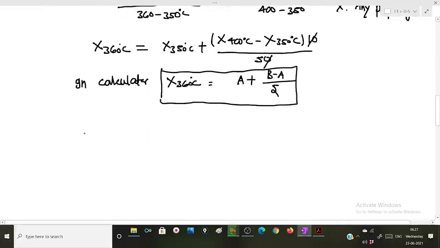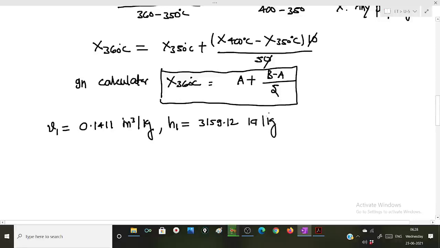After implementing this formula in the calculator, I could get the value of small v1, that is the specific volume at state 1, as 0.1411 meter cube per kg, h1 as 3159.12 kilojoule per kg, and s1 as 6.902 kilojoule per kg Kelvin.